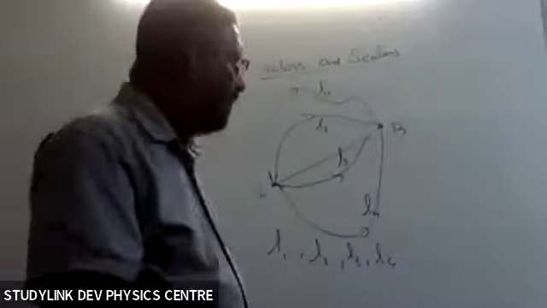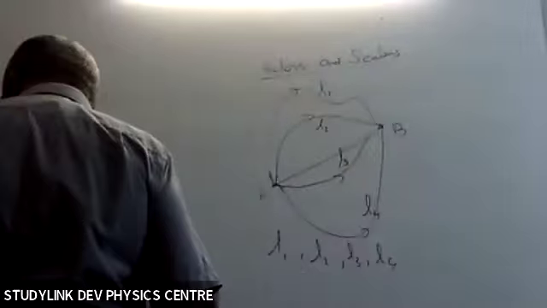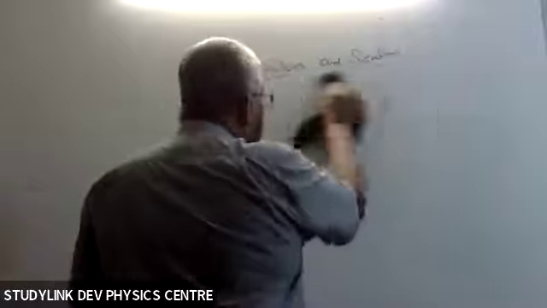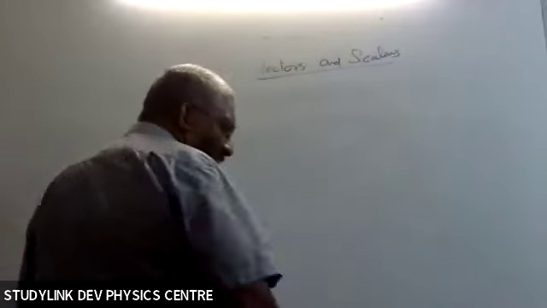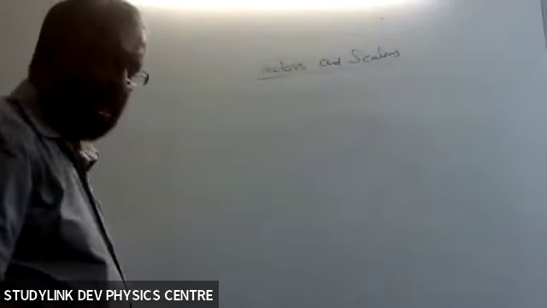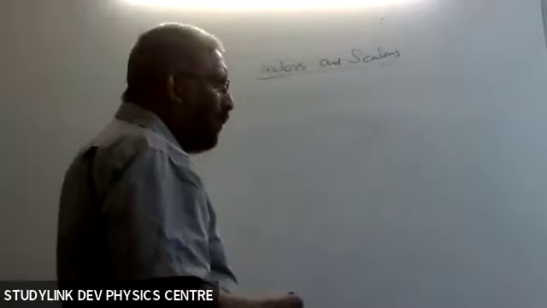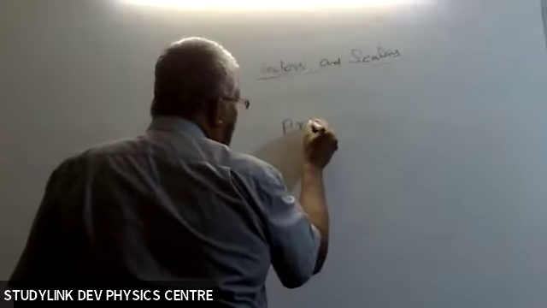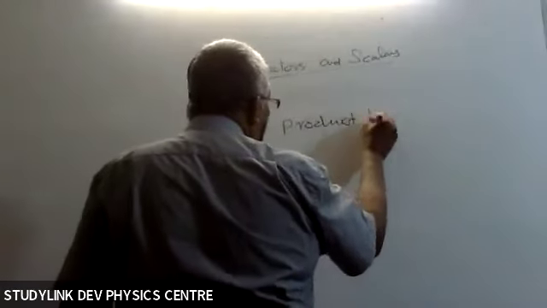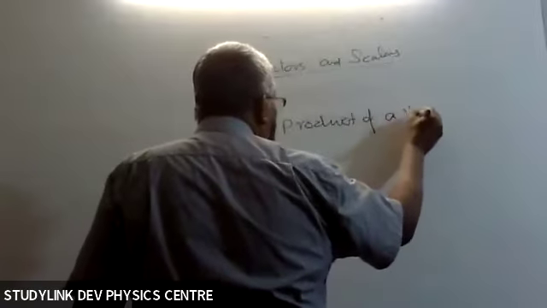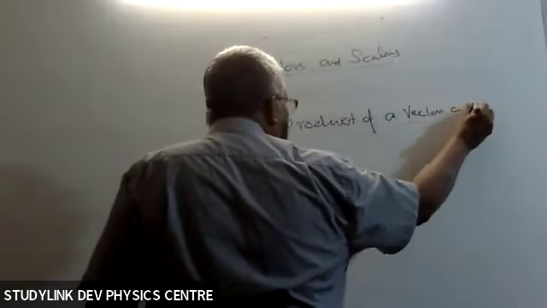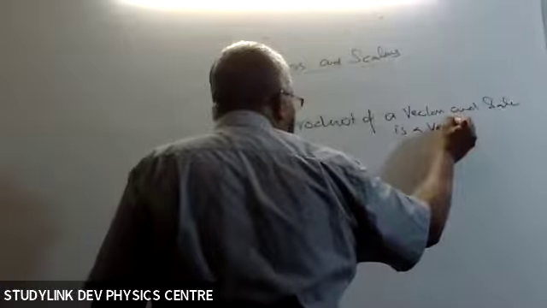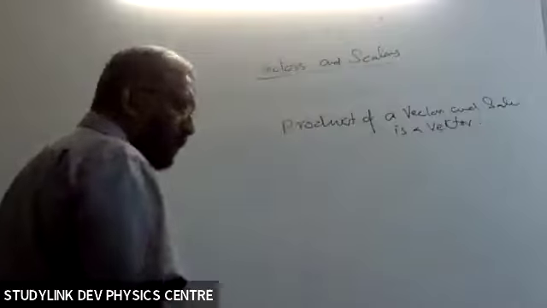Right. Now we'll go to vectors again. In vectors, this is another easy method I am going to tell you to find a vector. The product of a vector and a scalar is a vector, except in one situation.